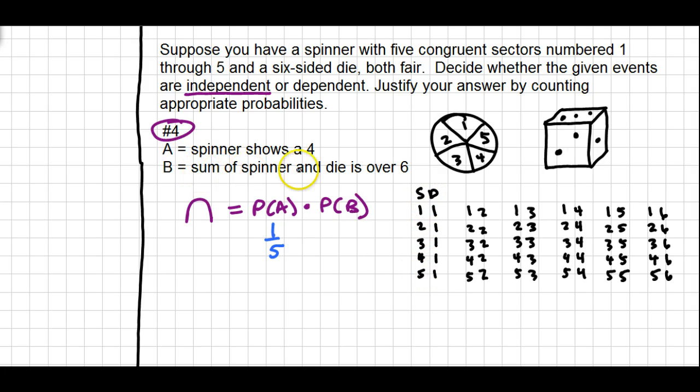Now let's find the sums that are over 6. So I'm going to find the 6's, looks like they are right here, and I'm going to find everything to the right of that because those will be bigger than 6. So I'm going to circle all of those. As soon as I get to a 6, I'm going to stop because I don't want those included.